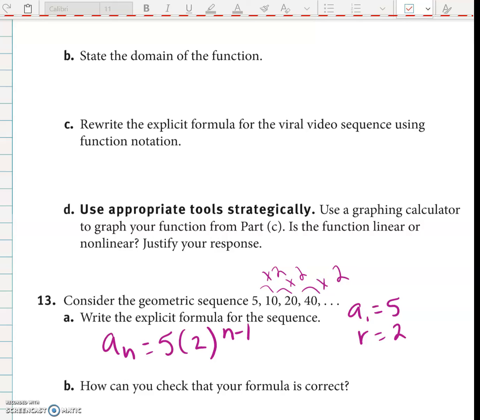And if you wanted to find the 16th term, that's just a of 16 equals 5 times 2 to the 16 minus 1, which would give you a value of 163,840.